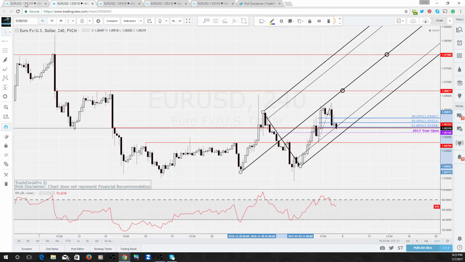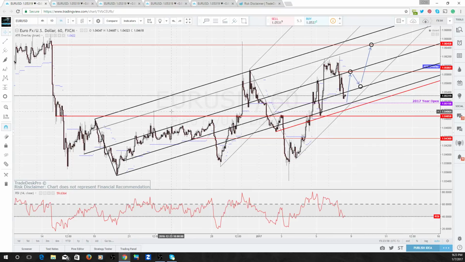Okay, then same thing. Pitchforks can be used on every time frame, and I really mean every time frame, also on the 5-minute chart. I always say, draw as many pitchforks as you want on any time frame, because it gives you an indication of whether you're still right in your trade or when you're wrong.